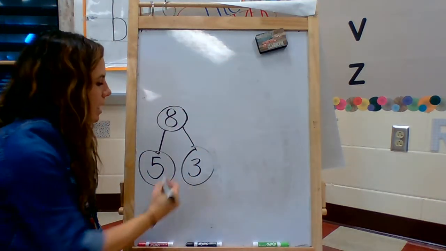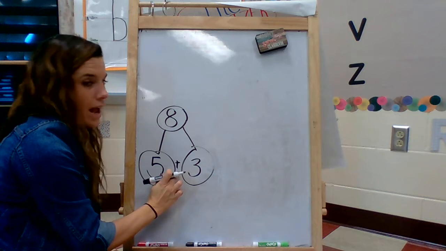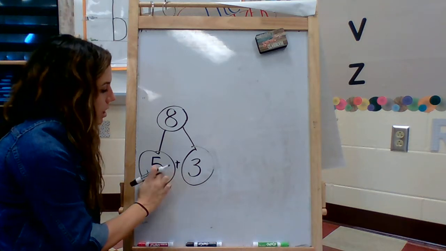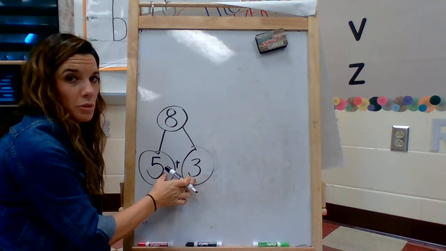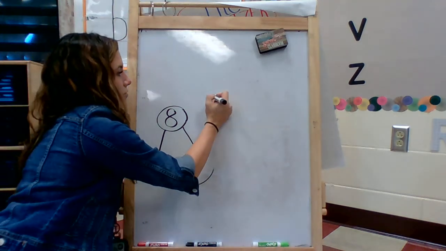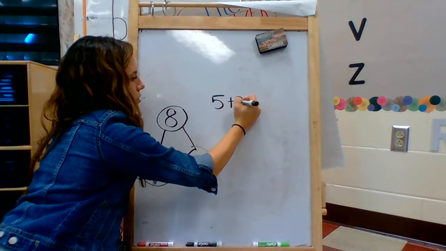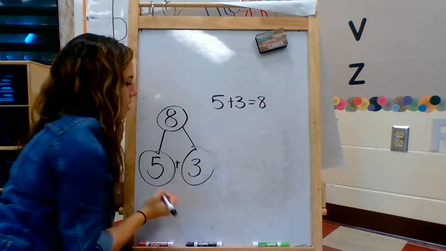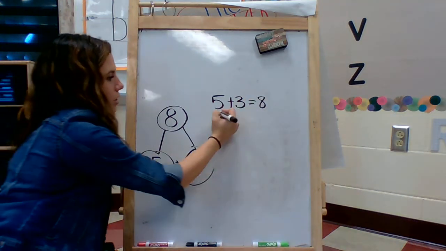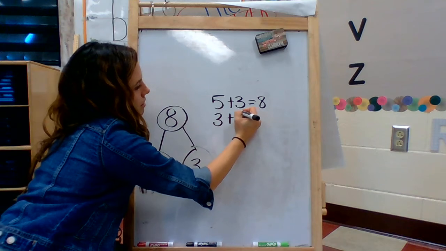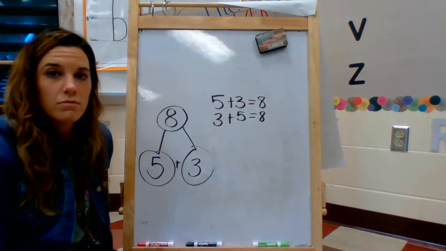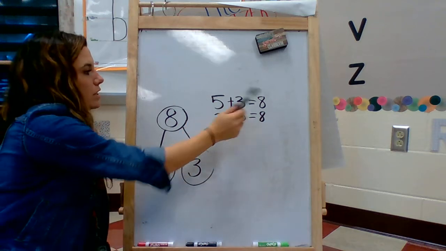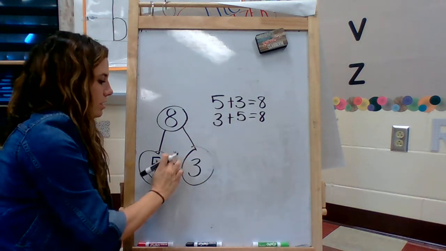When we use number bonds for addition, we're going to imagine a plus sign is right here, because we're going to add these two addends to get our number. This is how we use the number bond for addition. We can say 5 plus 3 equals 8, or we can say 3 plus 5 equals 8. Remember, turnaround facts, right?